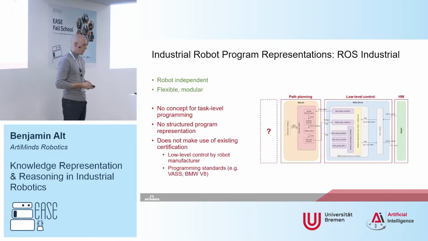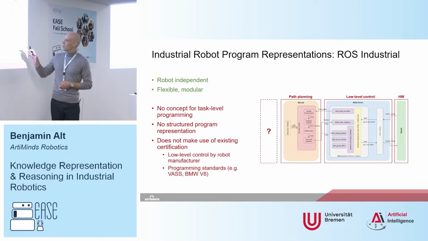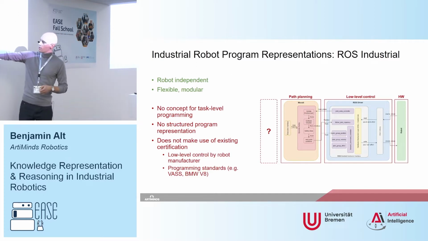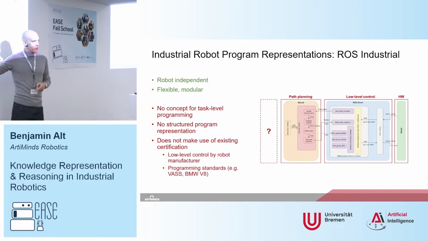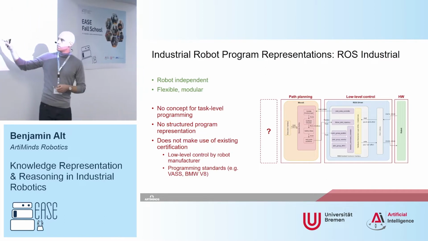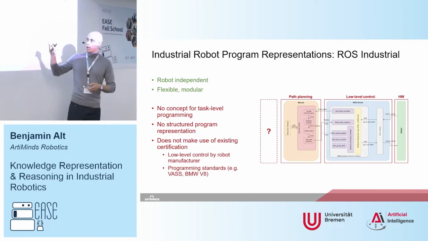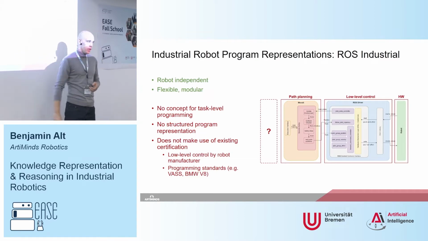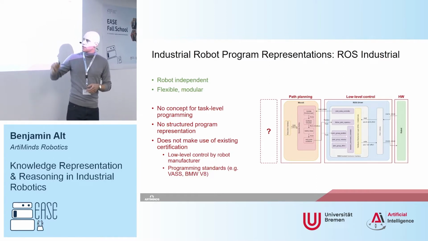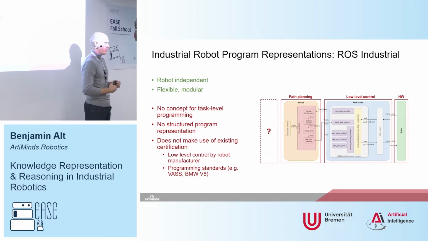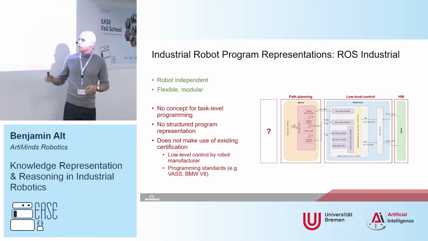However, the problem is that we're still missing, in this pattern, something more abstract than path planning. It is flexible and modular, and also robot independent because you can have different robot backends, but you don't have concepts for task-level programming that are supplied and universal. And you don't really have structured program representations that scale.